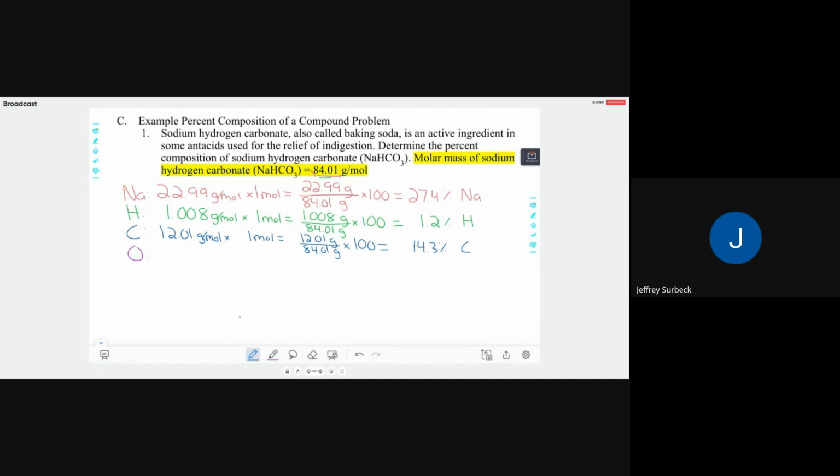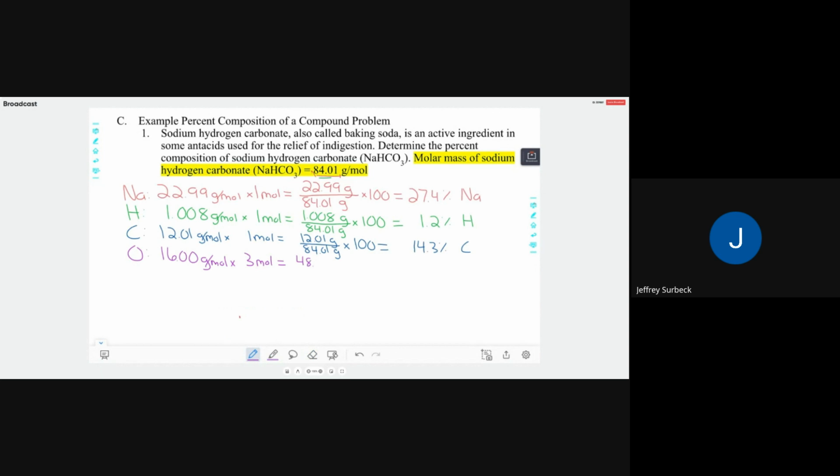Okay. Now, last part here, we do the same exact thing, but be careful here with oxygen. It's going to have a molar mass of 16.00 grams per mole. We need to multiply it by, very good, 3 because that's what our formula says. So if we take 16 times 3, we get a value of what? 48. Yep, exactly 48.